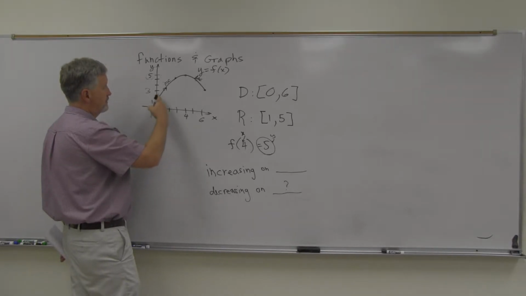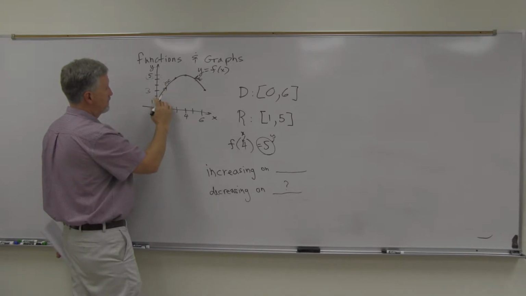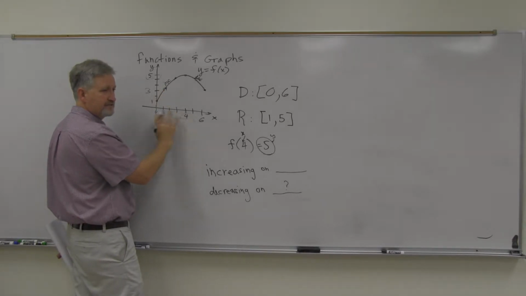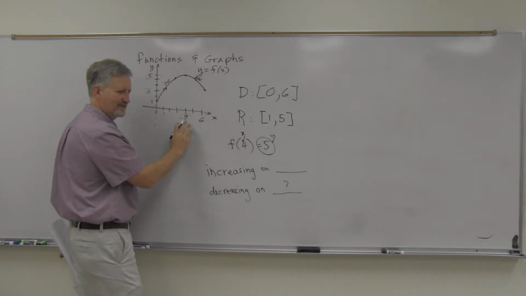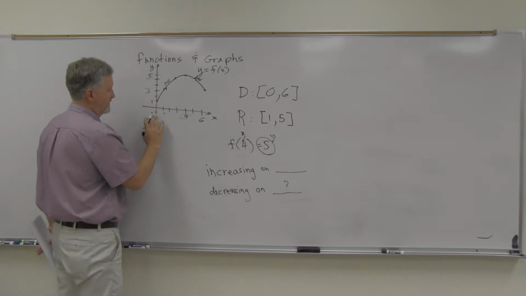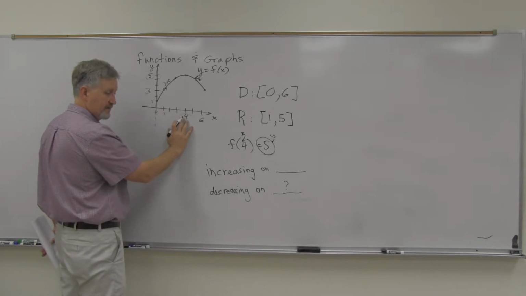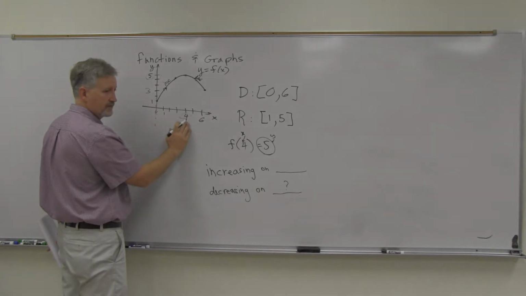It increases from 1 to 3, the function values go from 1 to 3, but we actually use the x values here. We use the x-axis values to describe where it's increasing. So it's increasing on 0 to 4.